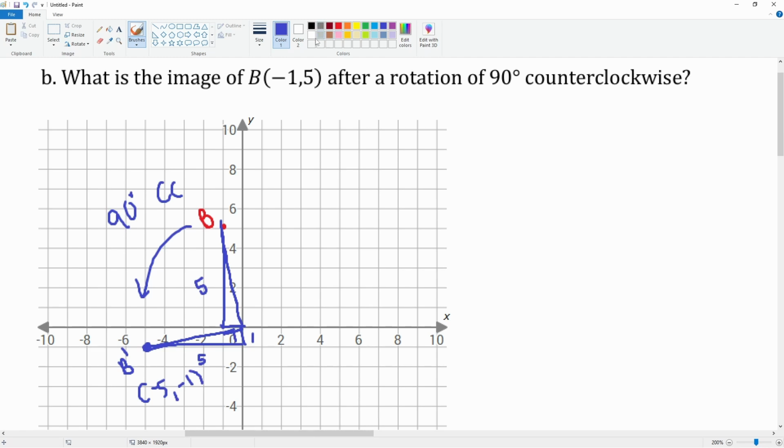So the answer, B prime, it is negative 5 comma negative 1. It does follow the rule x comma y arrow. Okay, the y changes value and the x just gets swapped. That's the rule for 90 degrees counterclockwise. Right?